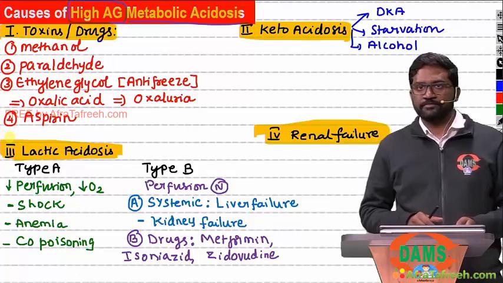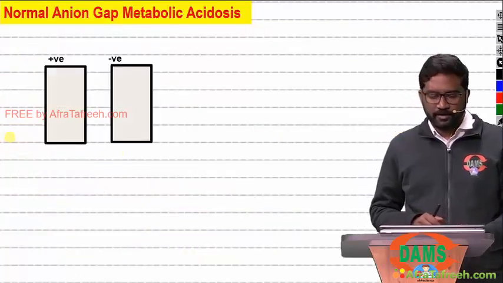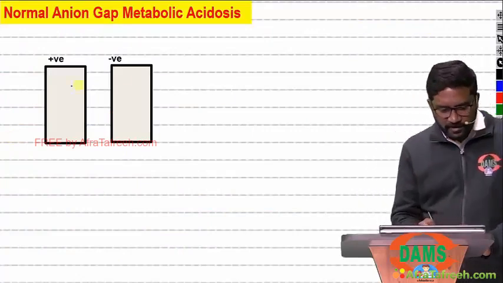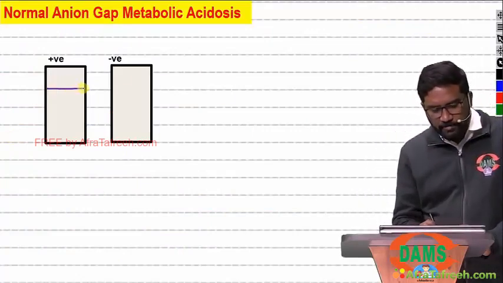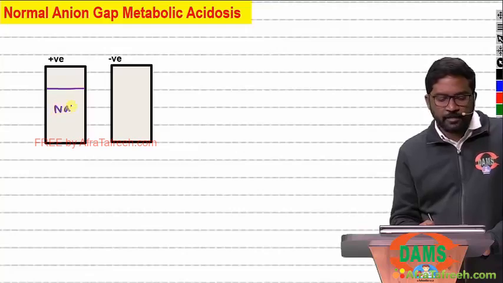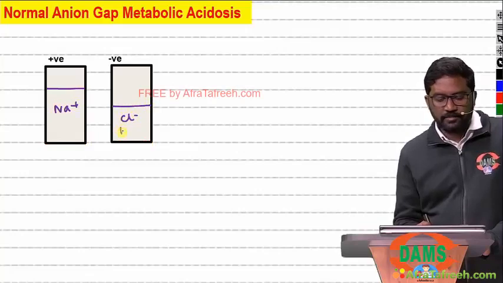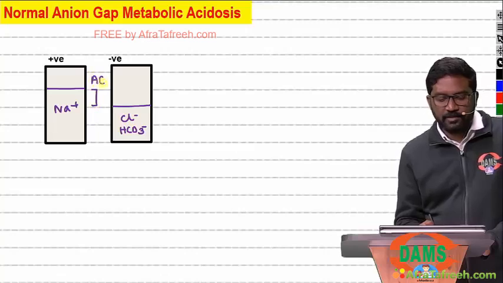Next, coming to normal anion gap metabolic acidosis. Again, the same compartments, a positive compartment made up of sodium, a negative compartment made up of chloride and bicarbonate. In between these two, there is a significant gap called as anion gap.